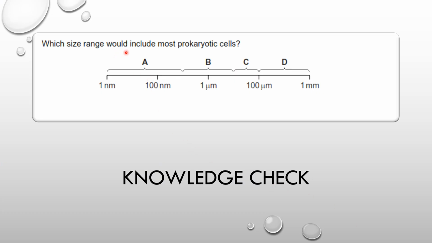Which range would include most prokaryotic cells? Okay, remember we said from 0.5 micrometers to 5 micrometers. Now, remember when we did the microscope, pause the video and try it.